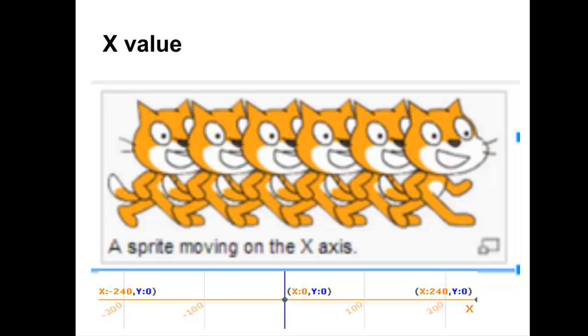So once again, the X position is where the sprites are on the X axis, the horizontal of the stage. The value increases or decreases depending on how far right or left on the stage the sprite is. Directly in the center of the stage is 0. Usually, the spot on the sprite that goes to the X coordinate is in the center of the sprite.